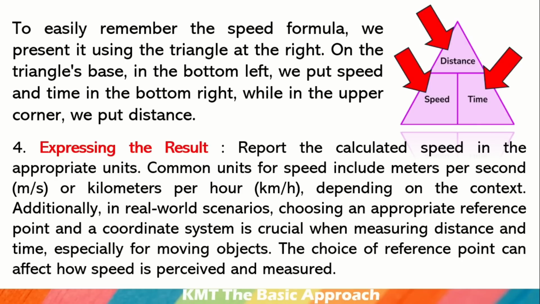Common units for speed include meters per second or kilometers per hour, depending on the context. Additionally, in real-world scenarios, choosing an appropriate reference point and a coordinate system is crucial when measuring distance and time, especially for moving objects. The choice of reference point can affect how speed is perceived and measured.